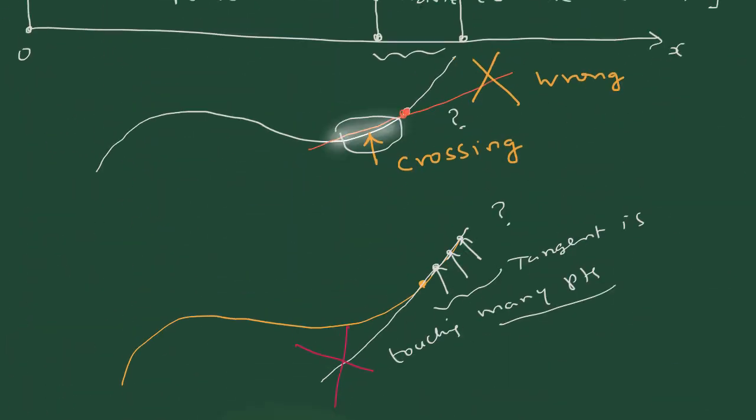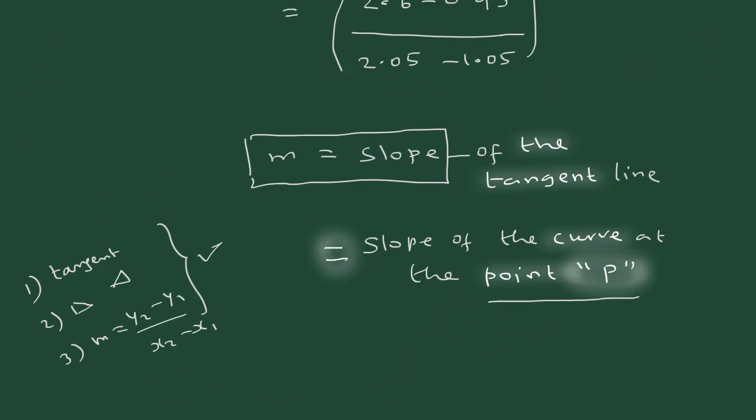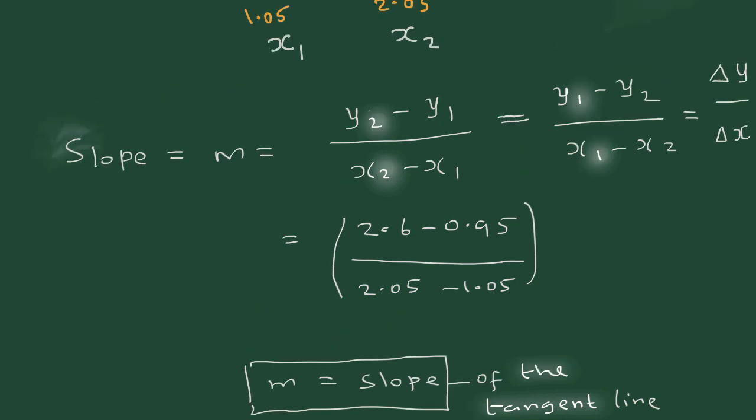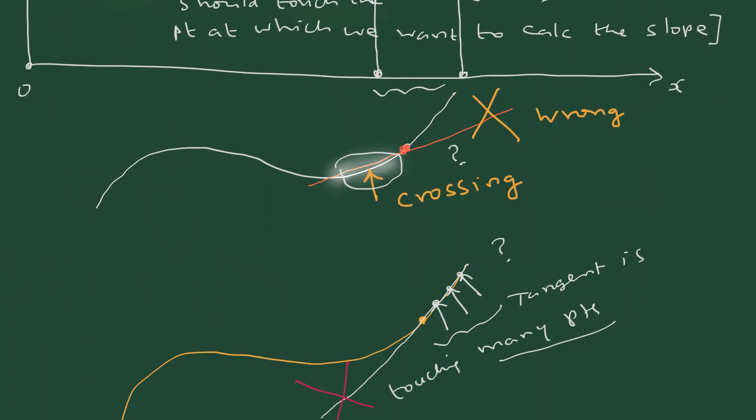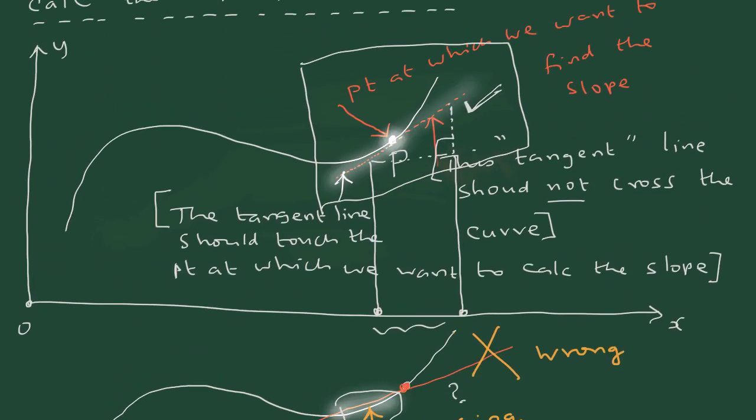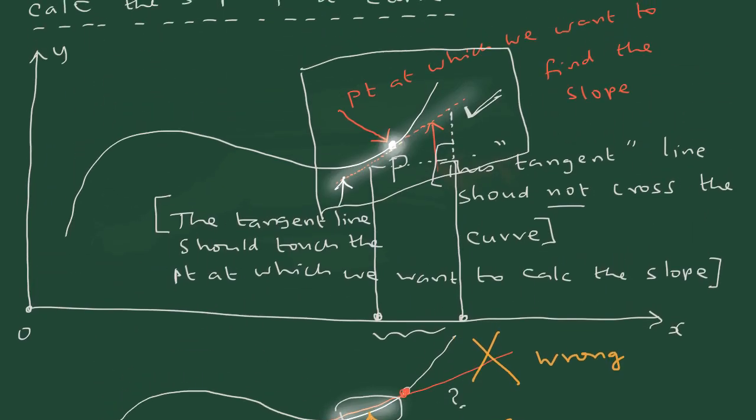Now, just for information, I will also tell you what will happen if the point changes. Simply you have to repeat it, but I will just show you how the tangent is going to look. I will show it here itself. Let us say that this is the point. I want to draw the tangent at this point. Then you have to draw the tangent like this.